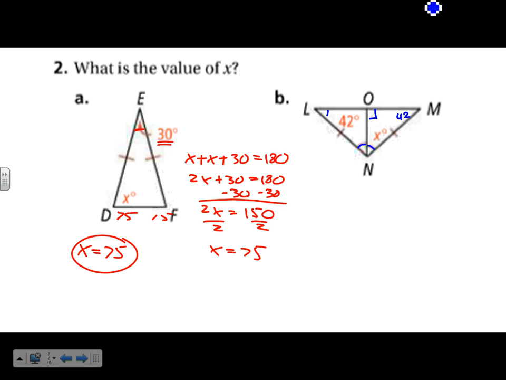So to solve for x, if now we just look at this triangle, I know all the angles, 90, 42, and x. So 90 plus 42 is 132, plus x is equal to 180. Subtract 132, x is equal to, hopefully is 48.